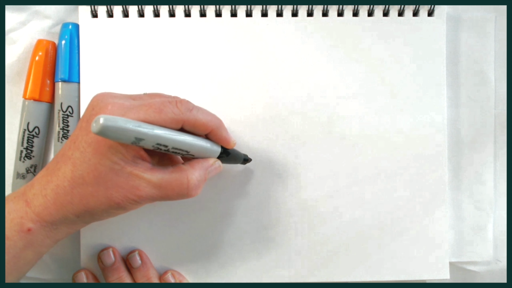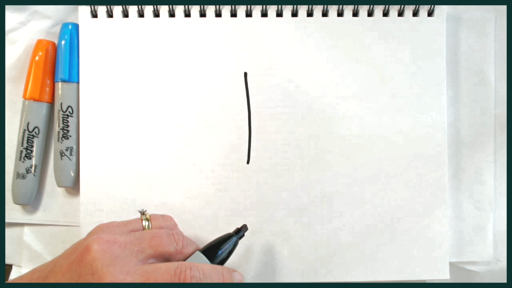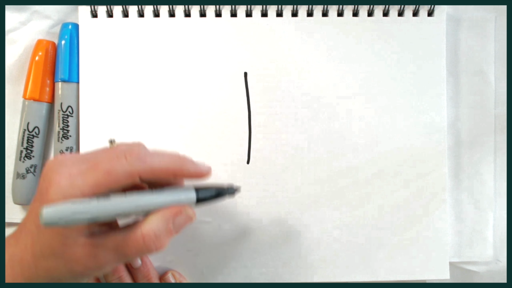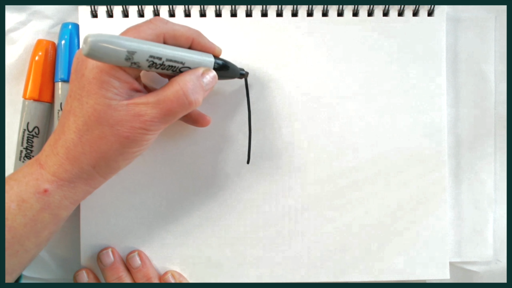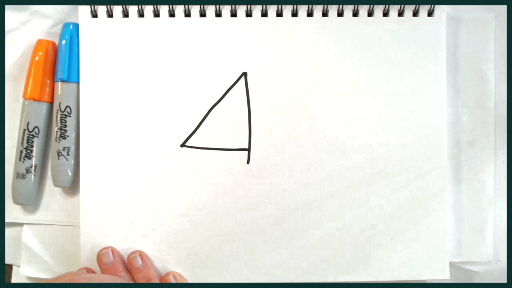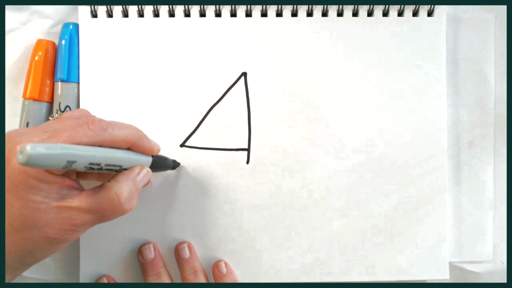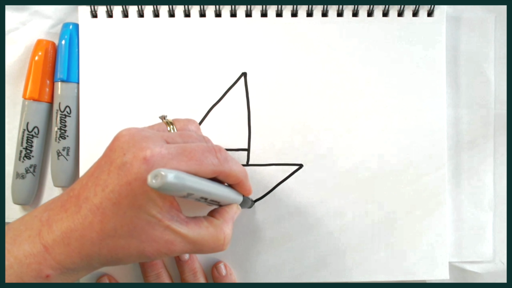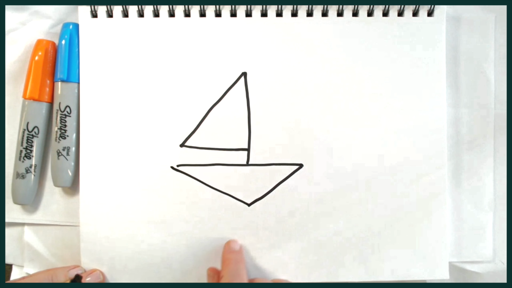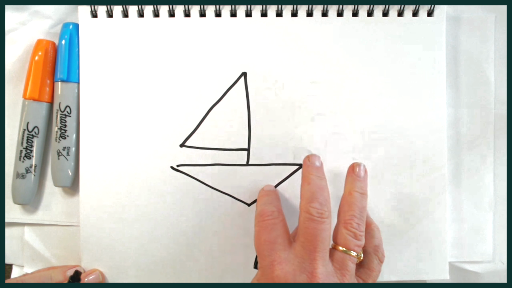Usually you have a stick like this that's meant to be the mast of the ship, and then you have something like this. So you've got a triangle on a stick, and the stick is meant to be the mast of the sailboat. And then you've got the bottom part of the sailboat, which is another triangle. But see, now it looks like a sailboat. You've got the sail, you've got the boat, and then you've got the water.